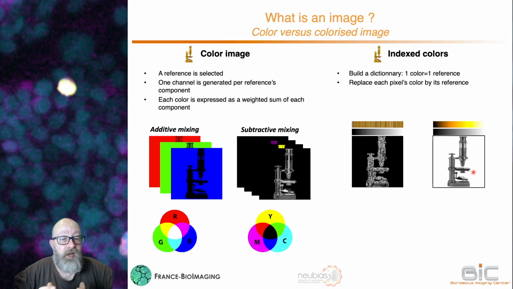And in fact, when talking about color images, there are several ways to think about color images. And in fact, this is a bit confusing, and you will see it in the practicals. You may have color images, and you may have colorized images.